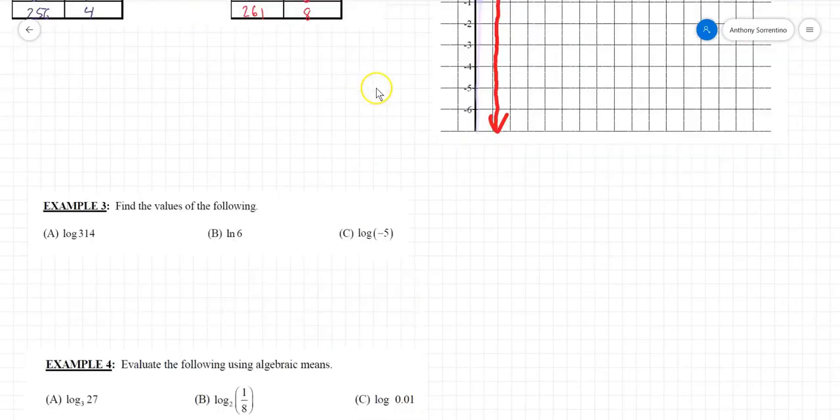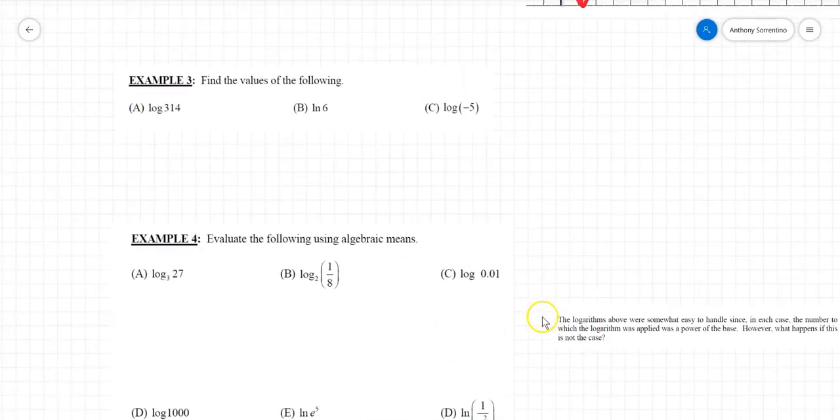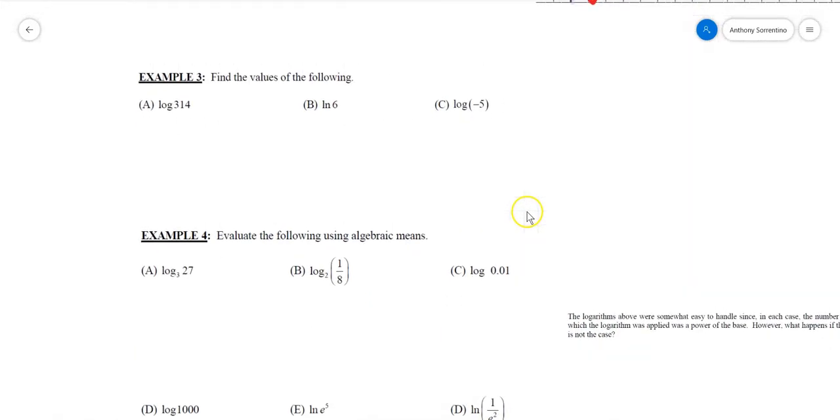In example 3, this is mostly about putting this into your calculator, because even if you rewrite these as exponentials, this is basically a log base 10, so I'm looking for 10 to what power is 314.